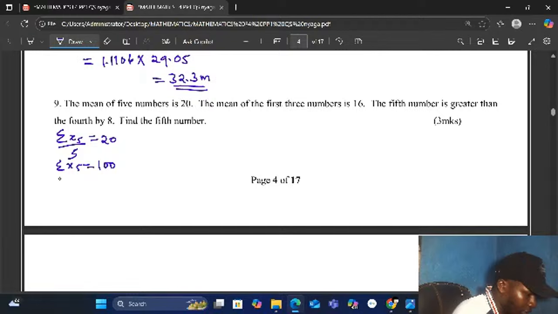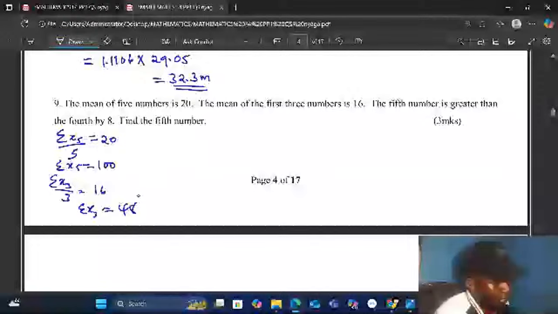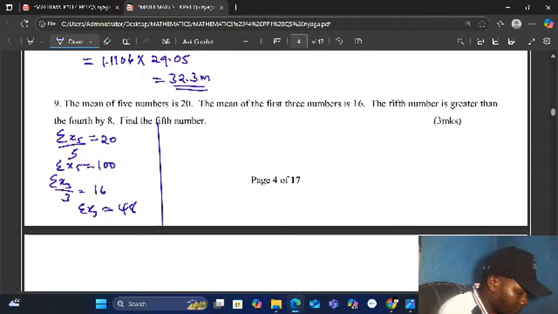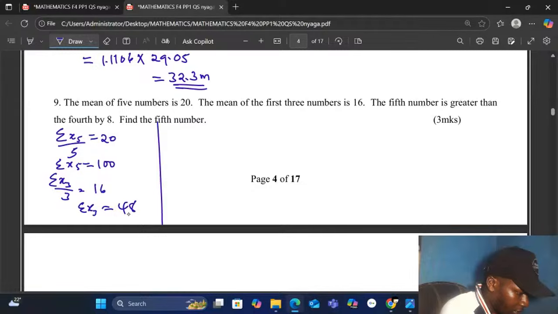Then they're saying that the mean of the first three numbers, divided by 3, equals 16, so the sum of the first three is 48.